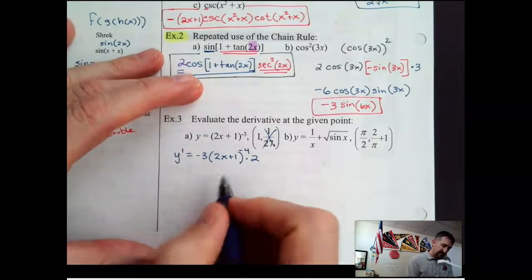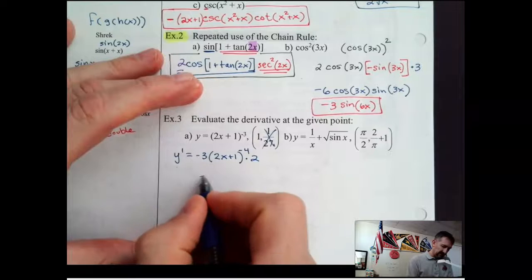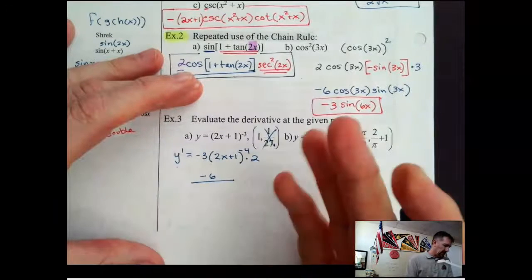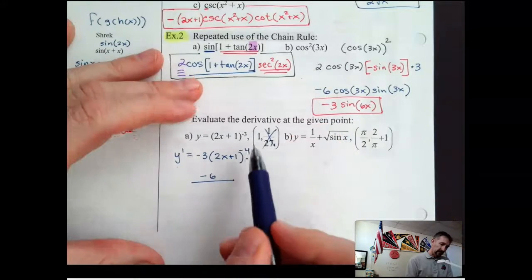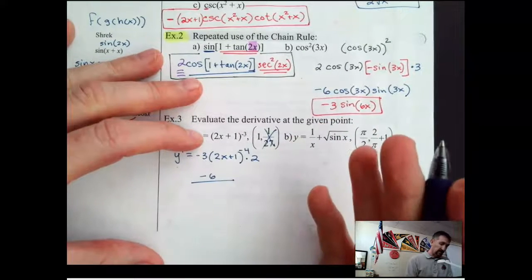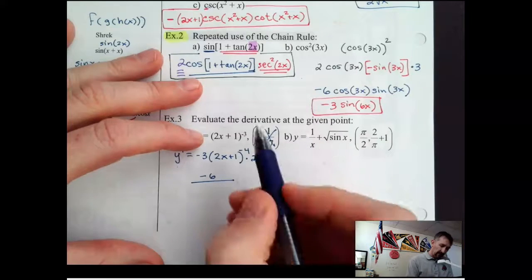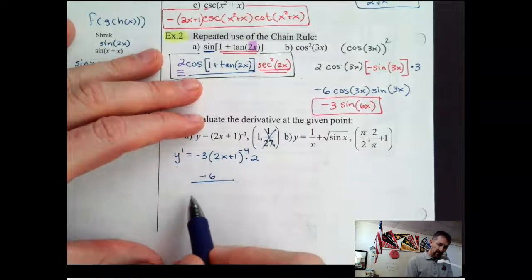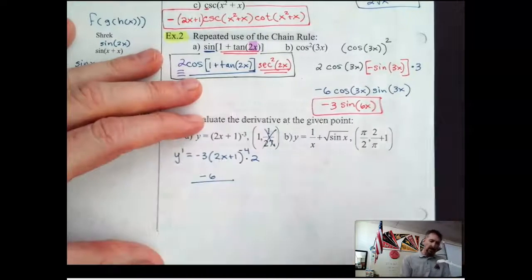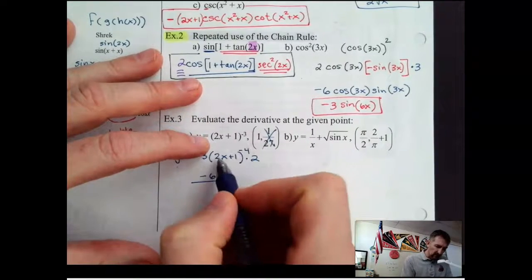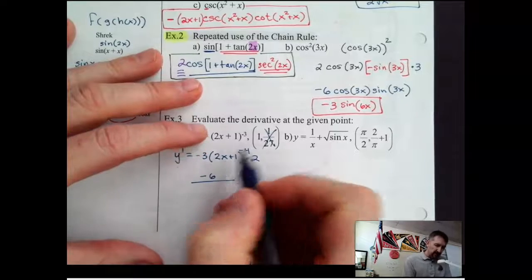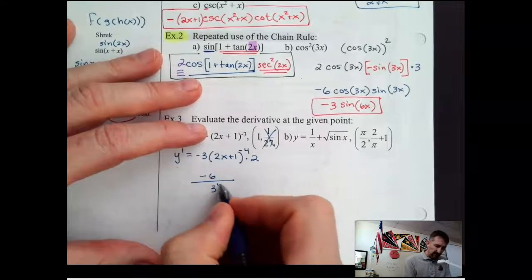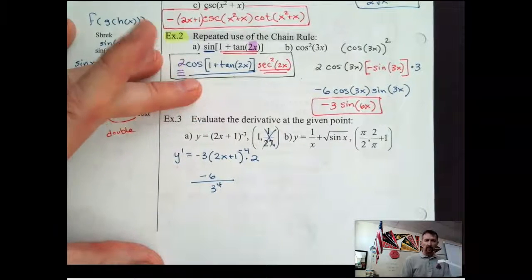So if I multiply those together, that's going to be negative 6 over, now, I don't know how much you feel comfortable with right here, but I could write 2x plus 1 down here to the fourth, or I could plug 1 in right now. So 2 times 1 is 2, 2 plus 1 is 3, so I could have 3 to the negative fourth down here, but actually when I move it down it'll become positive. So 3 to the fourth.